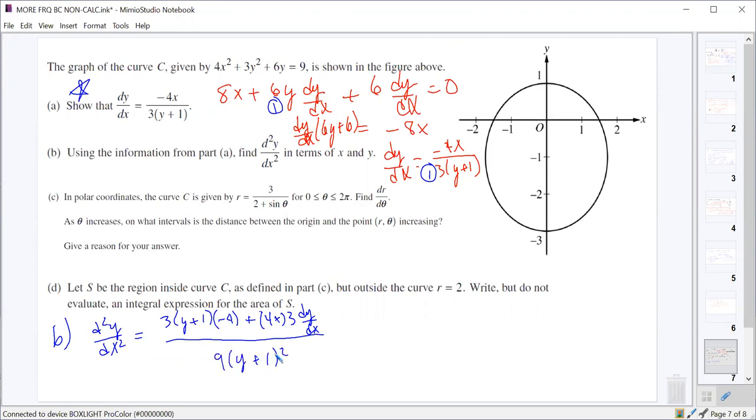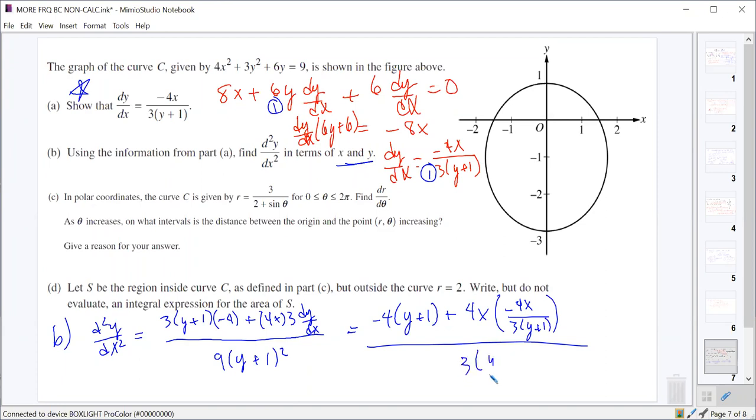And then it says in terms of x and y, so we have to replace the dy dx with the dy dx that was given to us. First off, I'm going to cancel out the 3 and this other 3 with the 9. So I'm going to have negative 4 times y plus 1 plus 4x times negative 4x over 3 times y plus 1, all over 3 times y plus 1 squared.